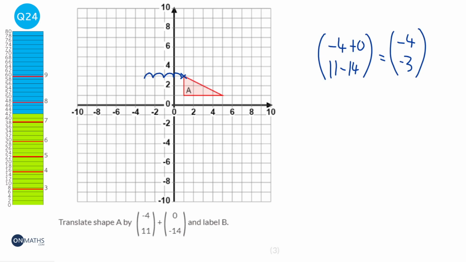Well, it's going to be down because it's a minus 3. So 1, 2, 3. And we can do that for each of the other points. 1, 2, 3, 4. 1, 2, 3. 1, 2, 3, 4. 1, 2, 3. And when we've done that, we can join them all up with straight lines.